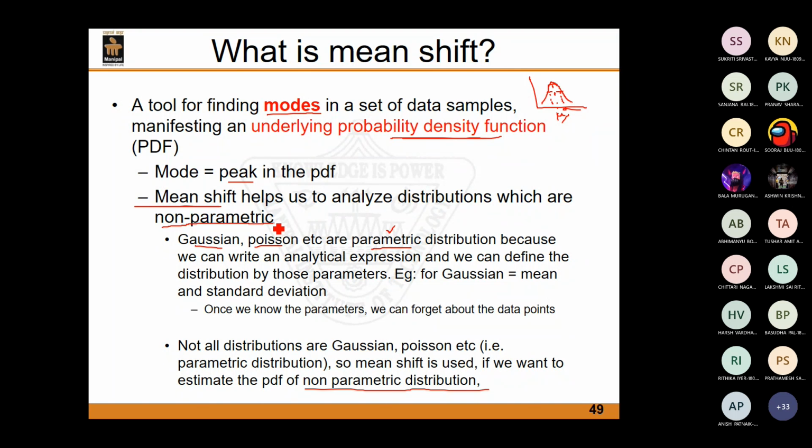Why is it important to go with a non-parametric distribution? As I said earlier, if you have a parametric distribution and you know the parameters, let's say the mean and standard deviation for a Gaussian PDF, you can describe the whole distribution. But in computer vision applications, the data points may be the pixel intensity values, or may come from the result of some other pre-processing computer vision techniques, like finding the gradient or the texture and so on.